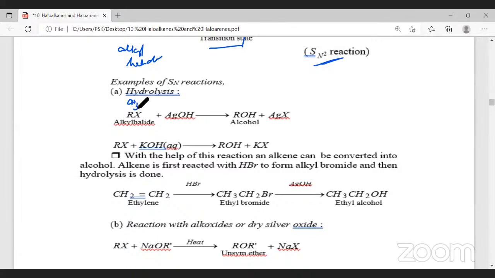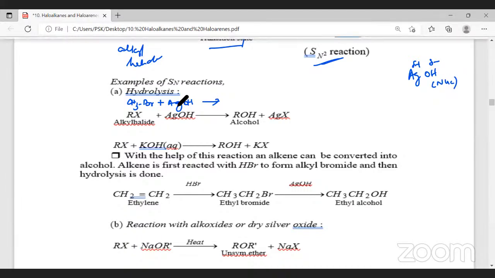So CH3Br, alkyl bromide. When we allow this alkyl bromide to react with silver hydroxide, the silver hydroxide will give you Ag plus and OH minus. This OH minus is called the nucleophile.